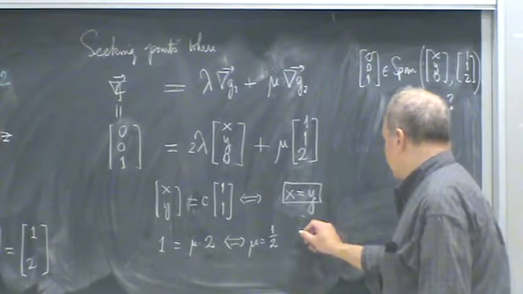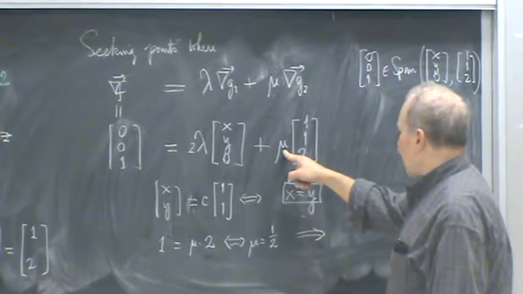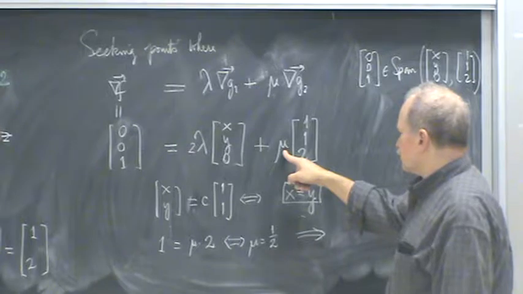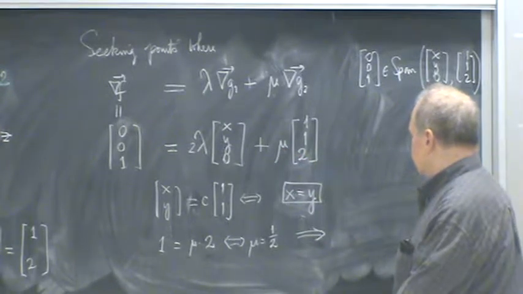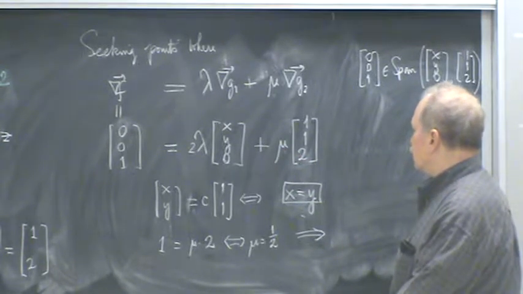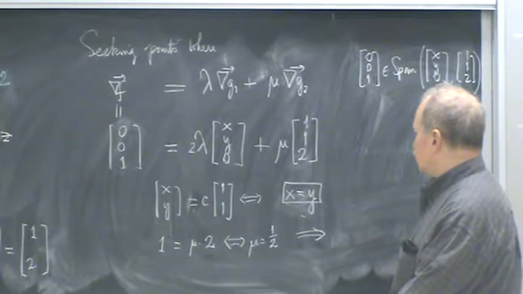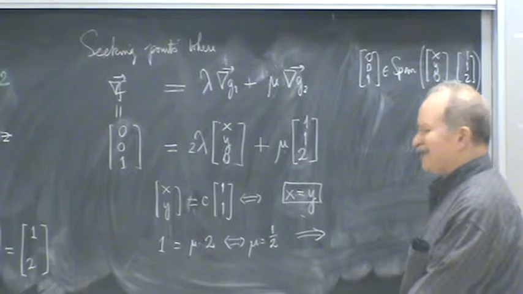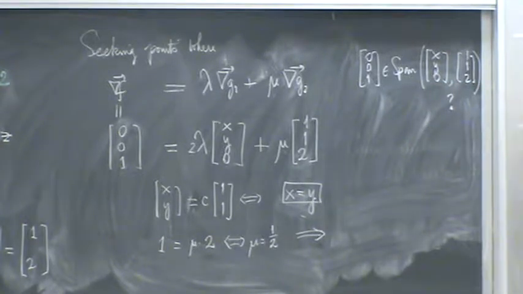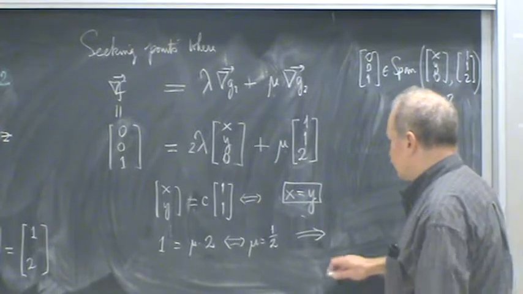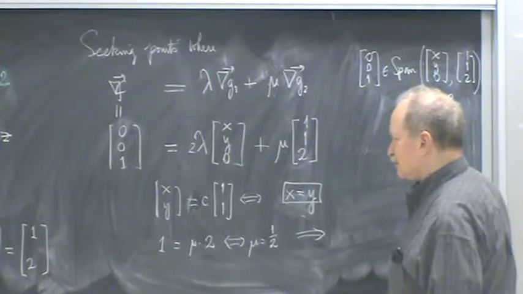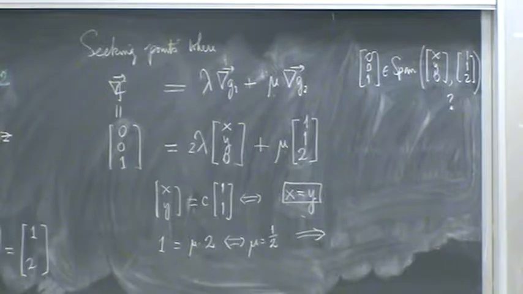If mu is a half, then 2 lambda x and 2 lambda y equal 1/2, negative 1/2. Oh wait, that's not true.